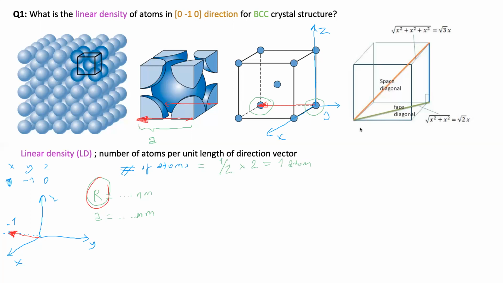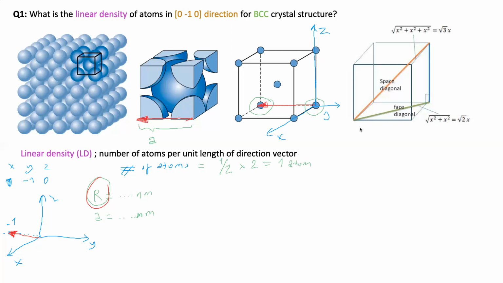To answer that, I need to know at which certain points the atoms are touching each other. For this geometry, the atoms are touching each other on the space diagonal. So I'm just plotting the space diagonal now.